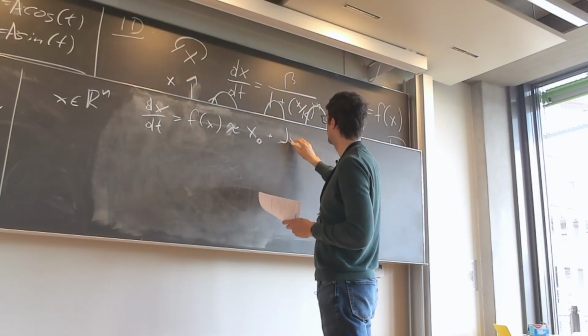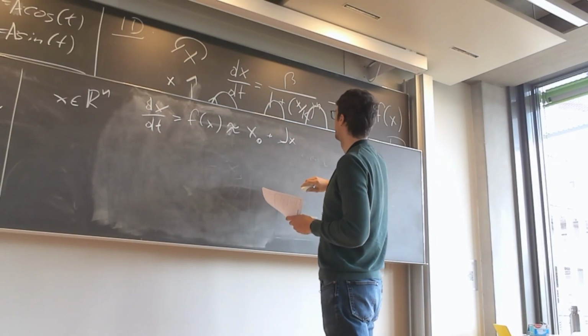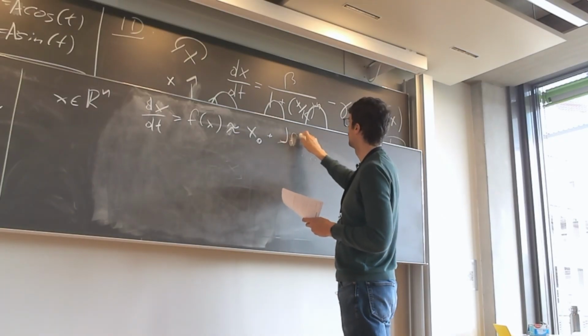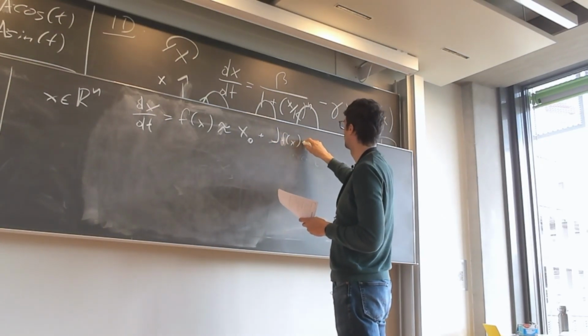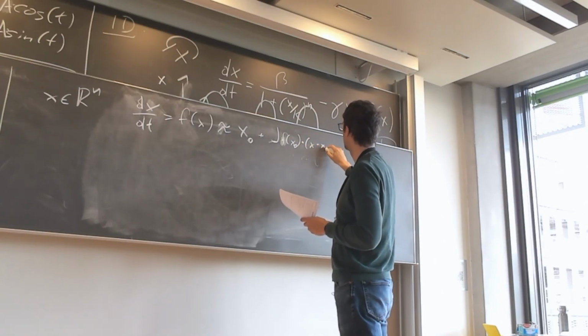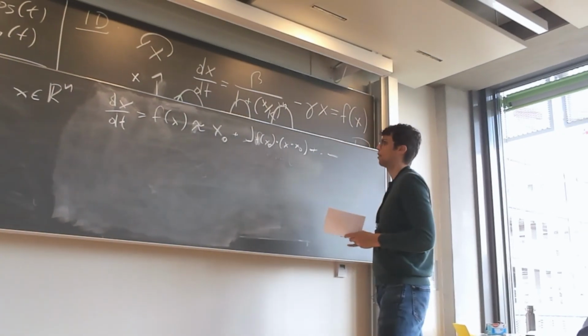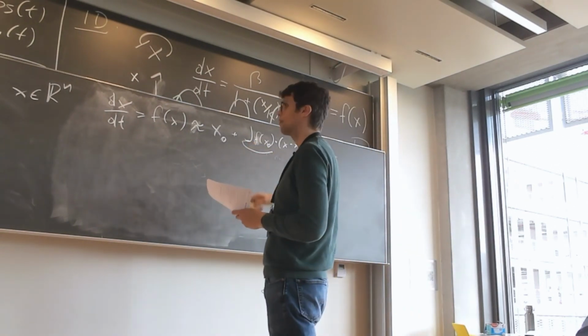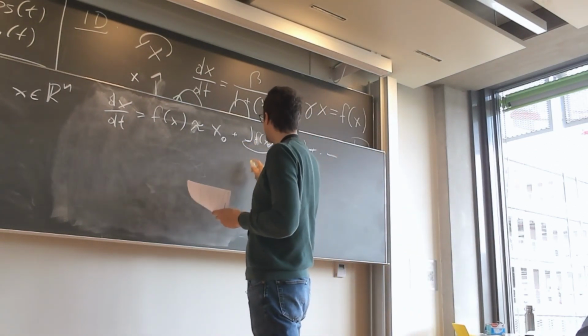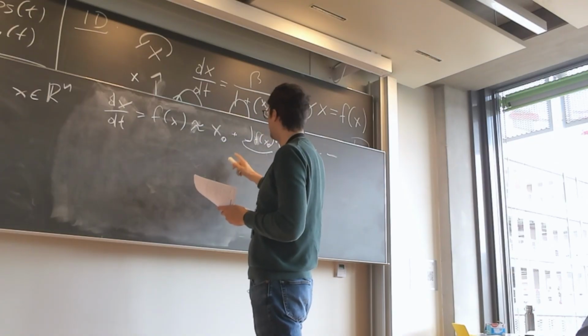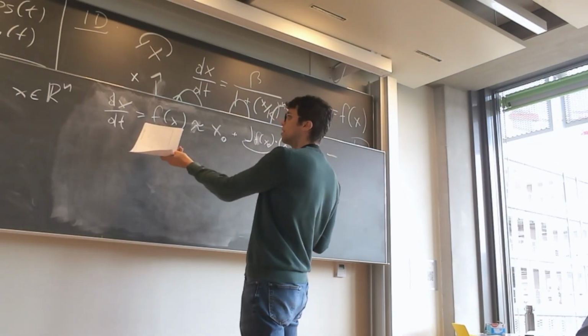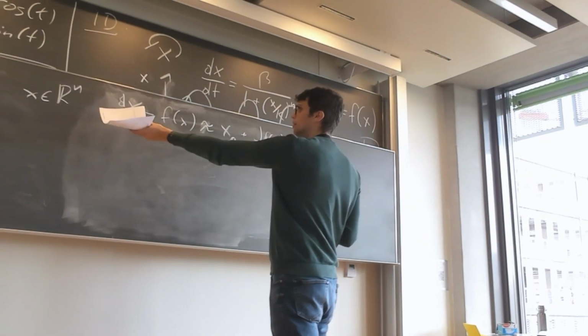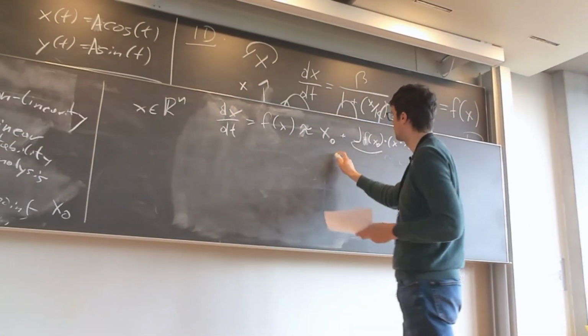this Jacobian of f at x0 times x minus x0 plus some higher order terms. And this is just the derivative. So the Jacobian of f is just the derivative of your function f, which now is a multidimensional function from n input variables to n output variables.